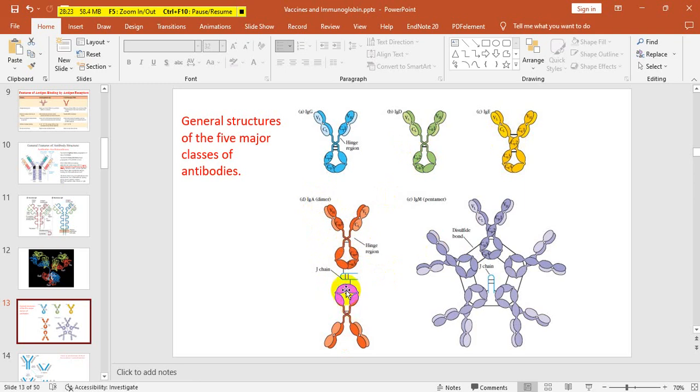It has dimerized, so there's a joining chain. The J means joining chain. What is joining the two of them? Then this is a pentamer, the immunoglobulin M. Immunoglobulin M is 1, then 5 of them joined together by a joining chain. So it is pentameric.